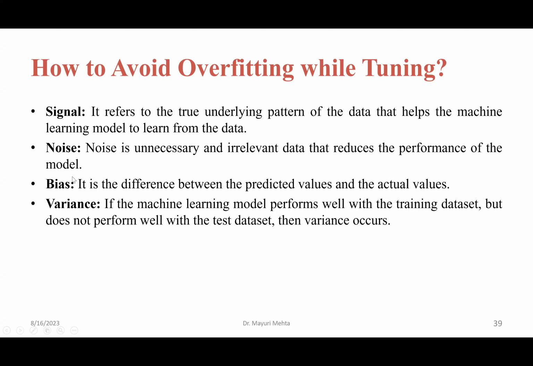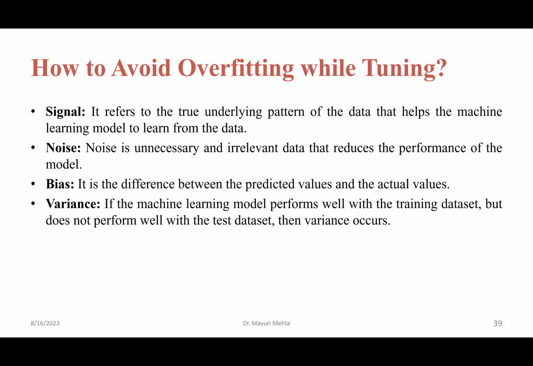These are very simple terms. Noise: what is noise? It is unnecessary and irrelevant data that reduces the performance of the model. Those who are familiar with data science might be familiar with outliers also, so we can consider an outlier as noise. Noise is unusable data, and it reduces the performance of the model.